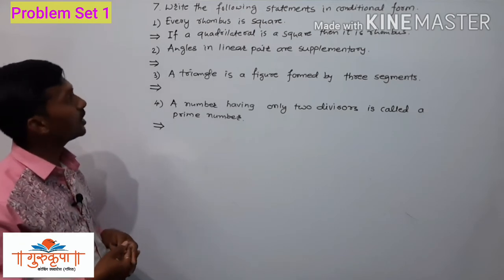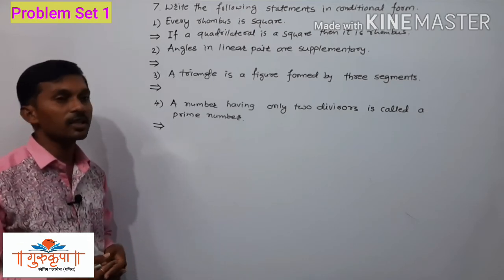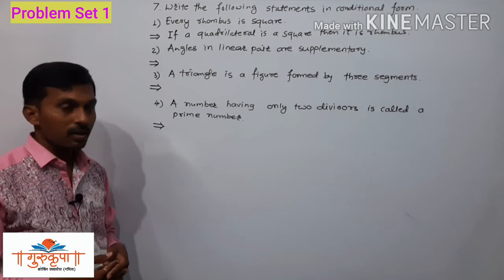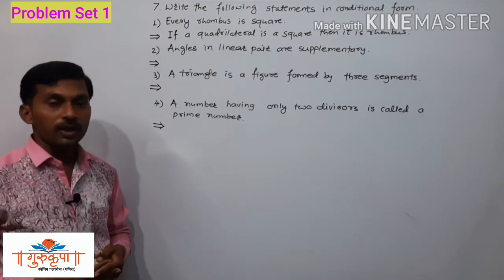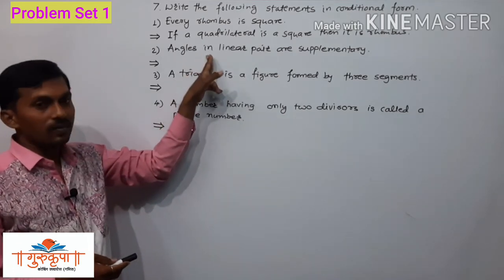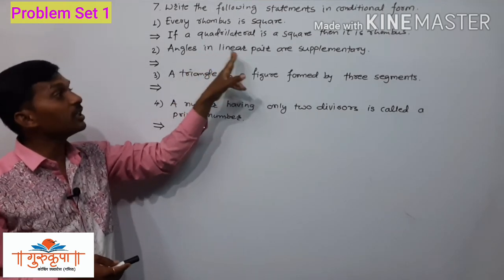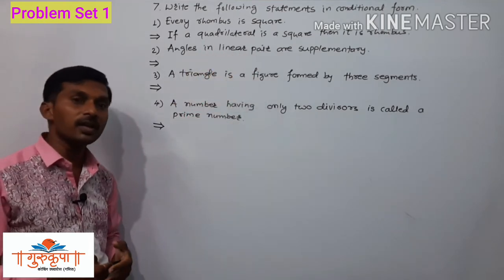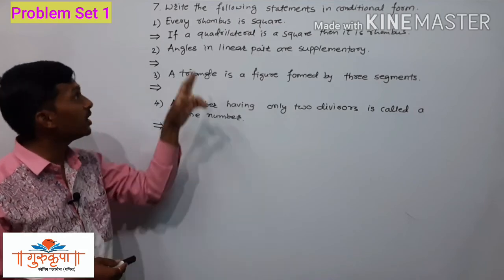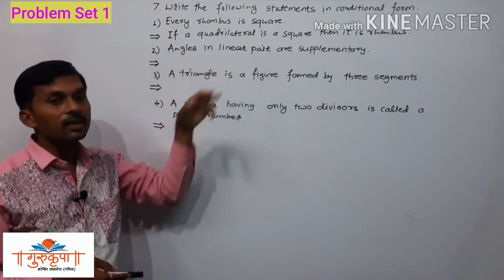We have the second statement, that is angles in linear pair are supplementary. I already told you, when we have a diagram or a figure, two angles are said to be supplementary if they are the angles in linear pair.